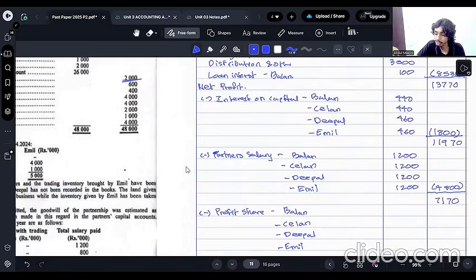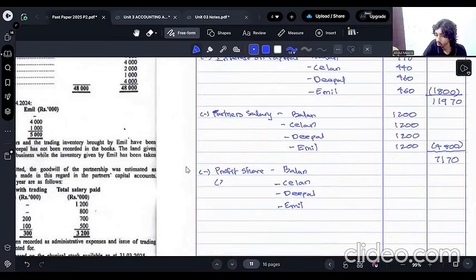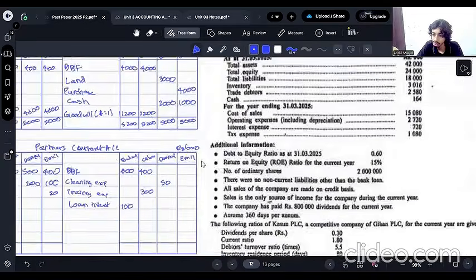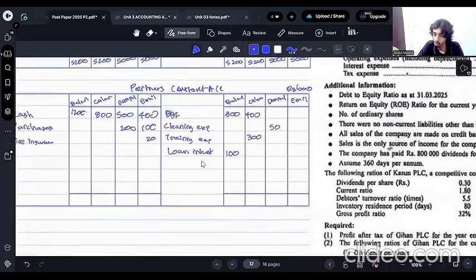Now you have to divide this based on the profit share 2 is to 2 is to 1 is to 1. So divide by 6 into 2, 2,390, 2,390, 1,195, 1,195. Now you have to record this interest on capital, partner salary and profit share in the partner's current account.